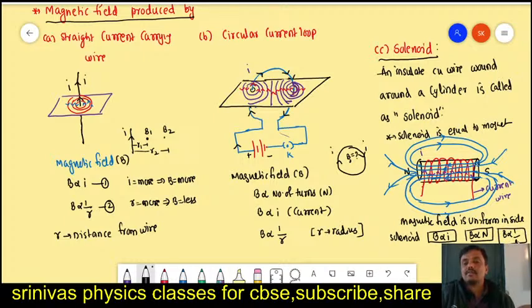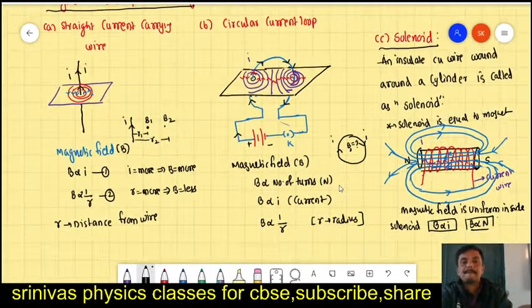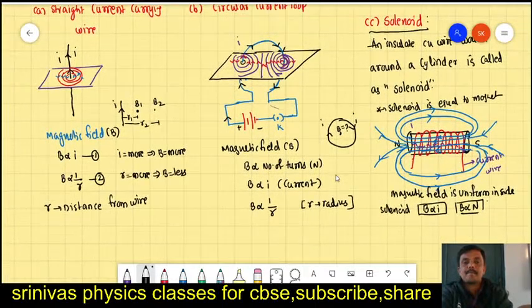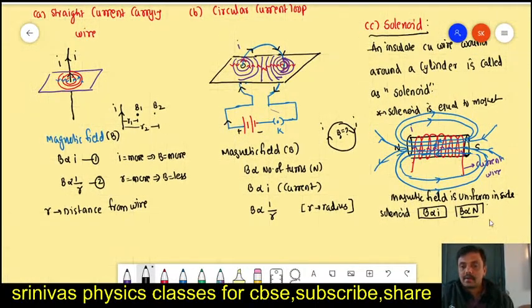The field is inversely proportional to the length. If the length of the solenoid is more, the field is less.